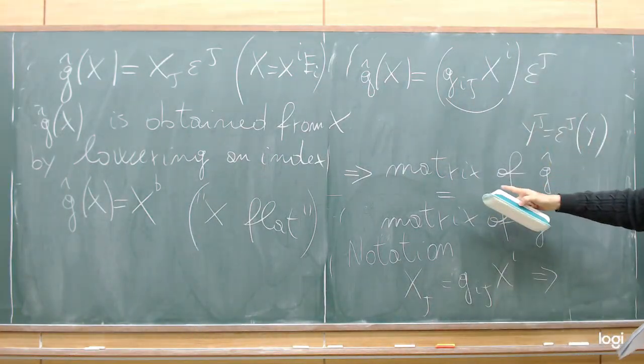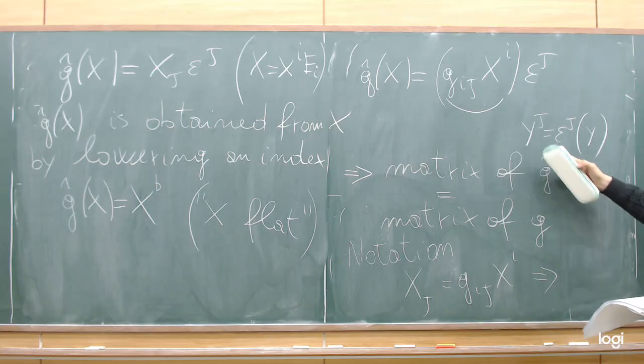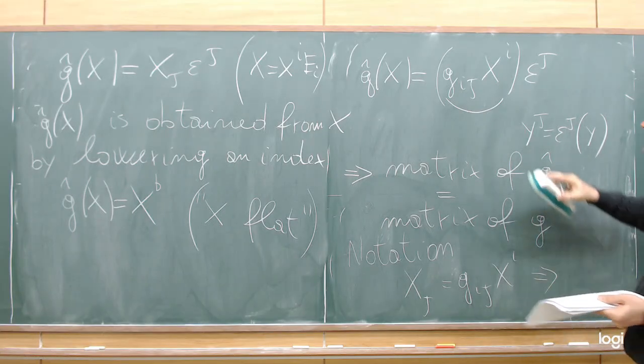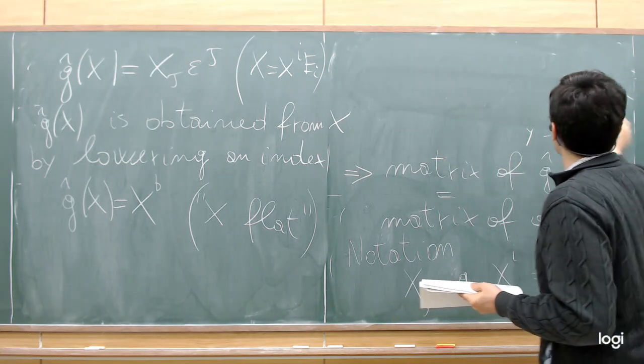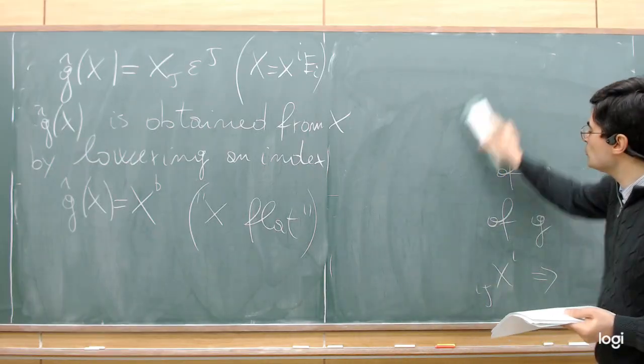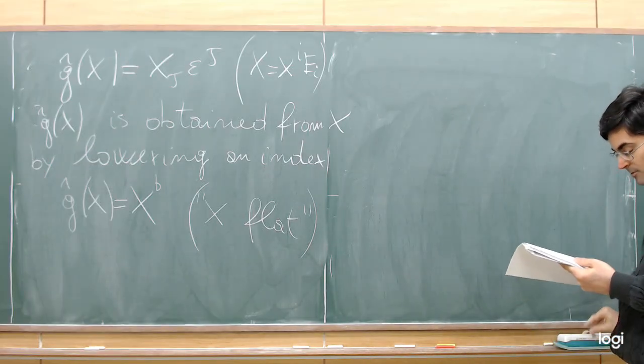So we observed before that the matrix of G hat coincides with the matrix of G. We know that this matrix is invertible.